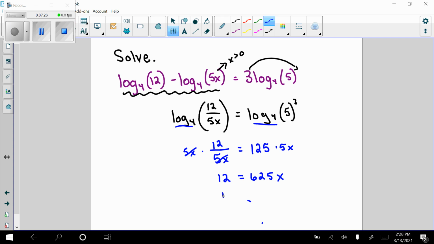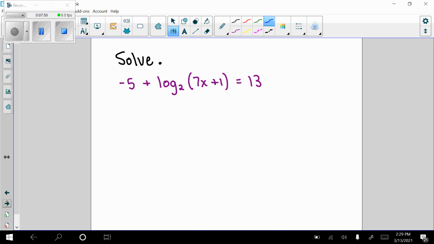Divide by 625, and I get 12 over 625 equals x, which is greater than 0. So that would be the solution to my problem. Remember, you can always go back and plug it in if you were ever wondering.